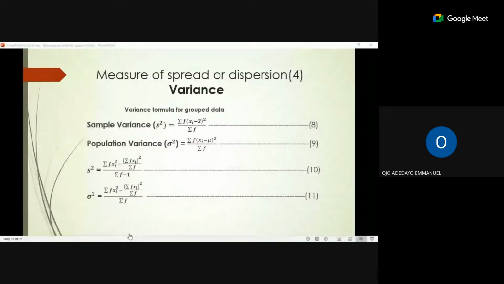So we normally use x bar for the sample mean, but we use mu for the population mean. Do we get that? Yes, sir.